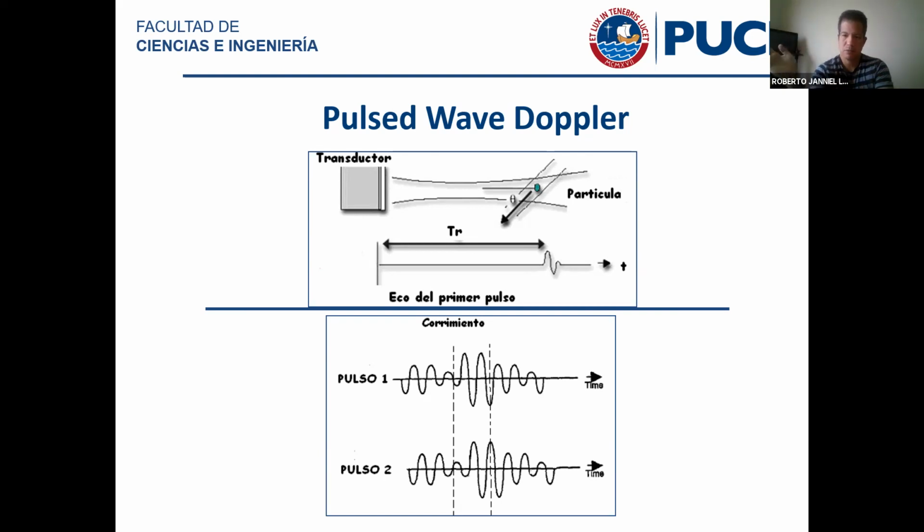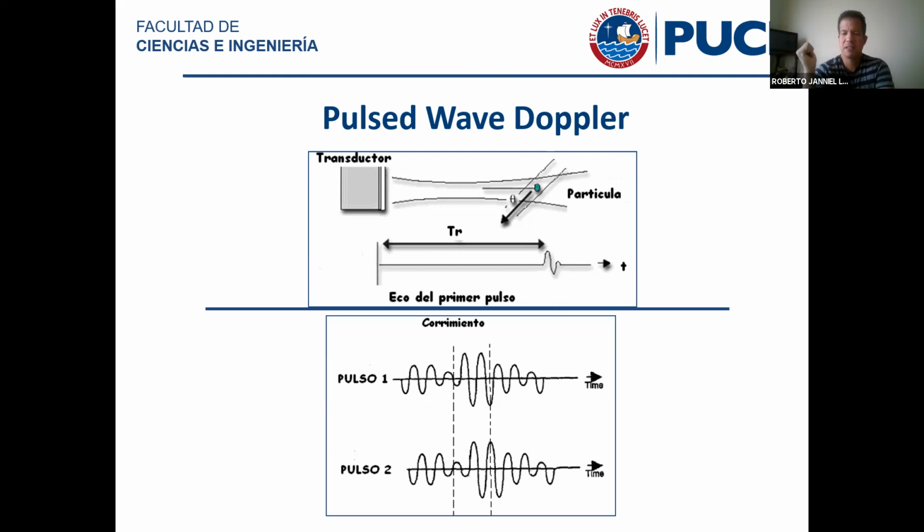You transmit and receive echoes, and then you transmit at least a second time after a certain amount of time, and you receive the echoes again. And you're going to look at the echoes that you received from both transmissions, and try to figure out how much the signal shifted because the tissues were moving. That's the overall idea, okay?